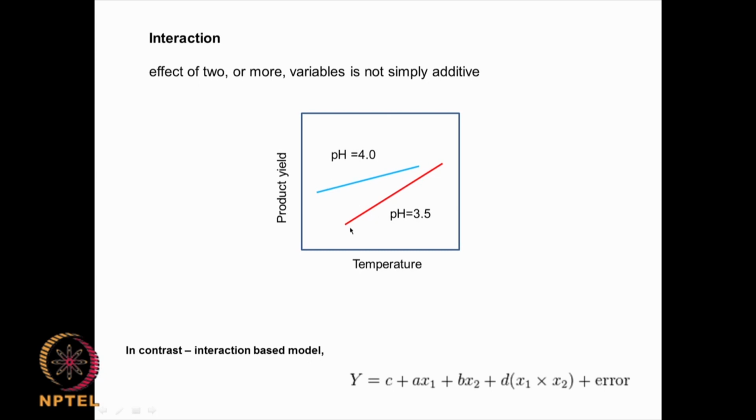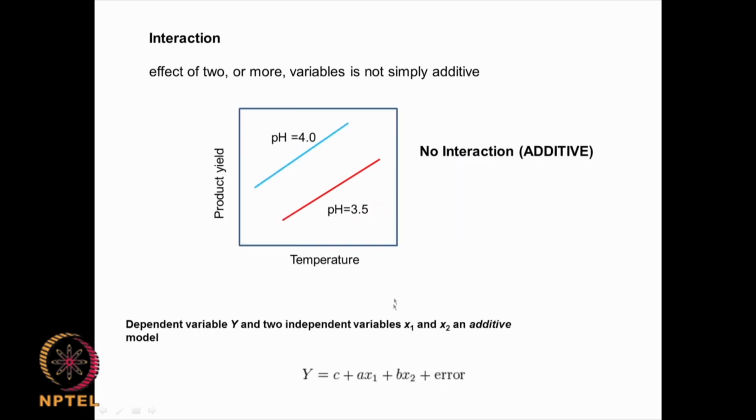Now, you can have situations like this. At pH 3.5 yield is going up, at pH 4 it is not going up as much, but it is sort of flattening. So, obviously, at pH 4 the dependence on temperature is different when compared to pH equal to 3.5, and in this type of situation we can't write an equation like this for the yield.